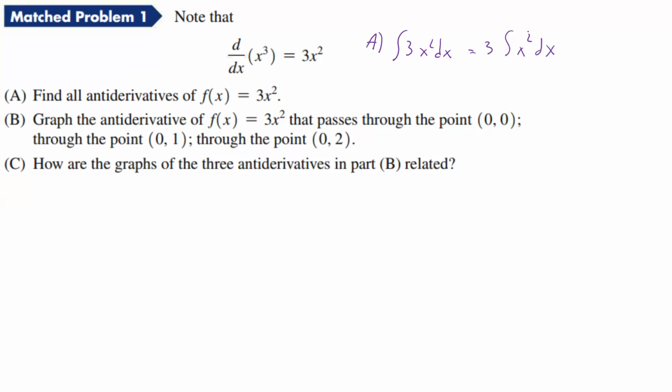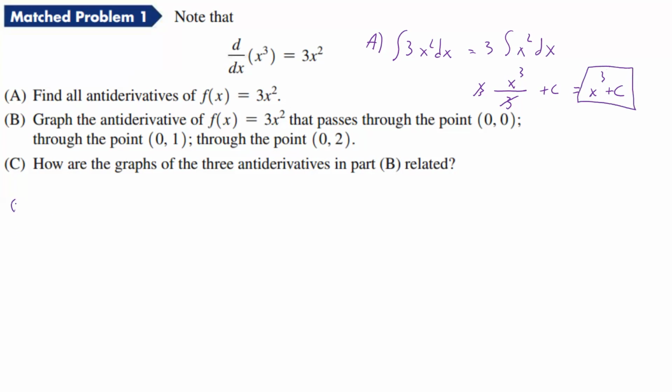What happens is we add 1 to the exponent, so that becomes x cubed, then we divide by that new exponent, 3. We still have that 3 out in front, and then we just add on some c value. Now this 3 cancels this 3, and so this gives us the function x cubed plus c. That's going to be our function F of x, and that's the answer for A.